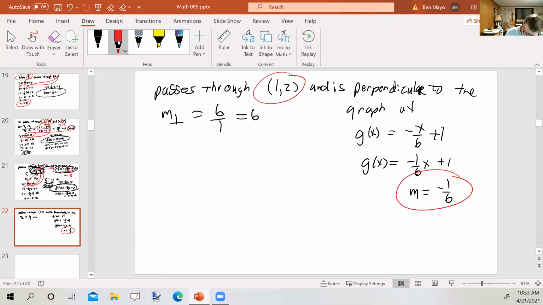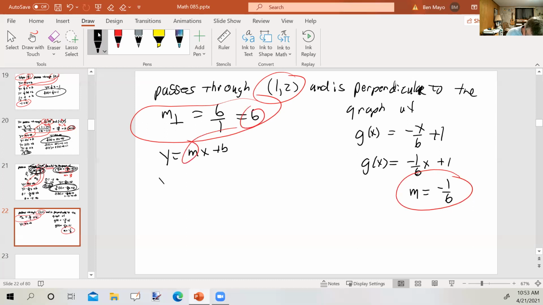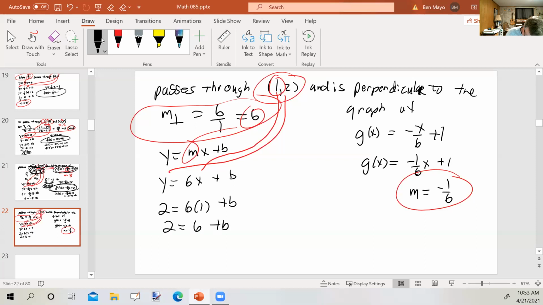So now I've got a point on the line and a slope. So using y equals mx plus b, m is 6, y equals 6x plus b. We have an ordered pair. X is 1, y is 2. 2 equals 6 times 1 plus b. 2 equals 6 plus b. Subtract 6. b equals negative 4.